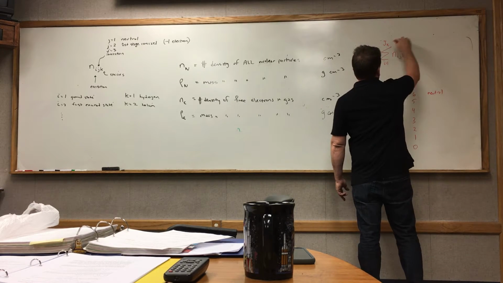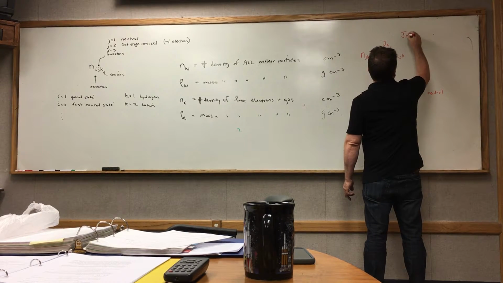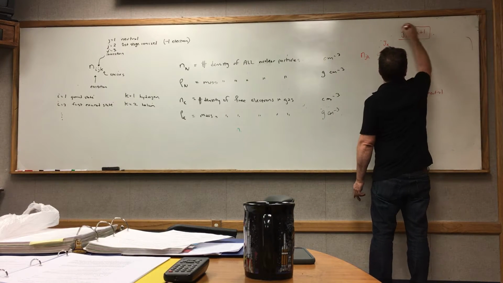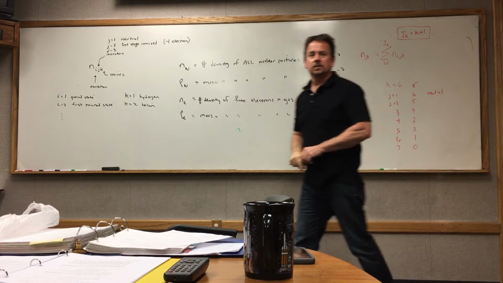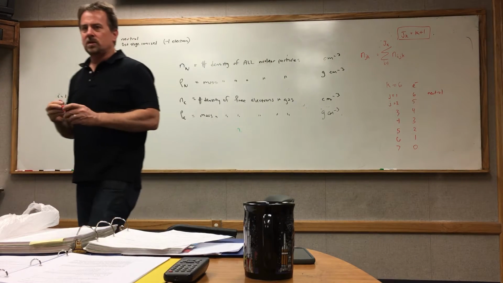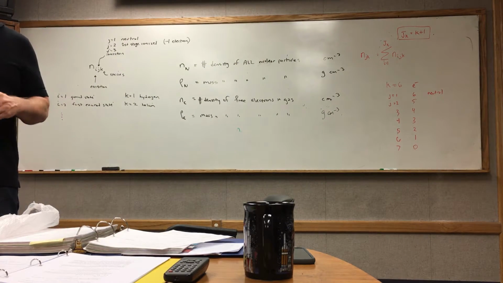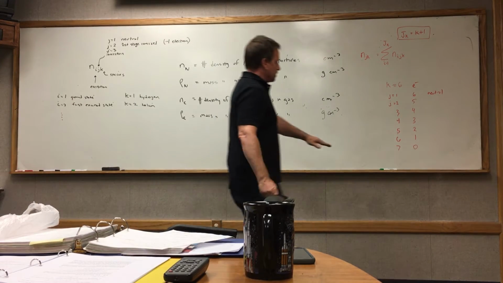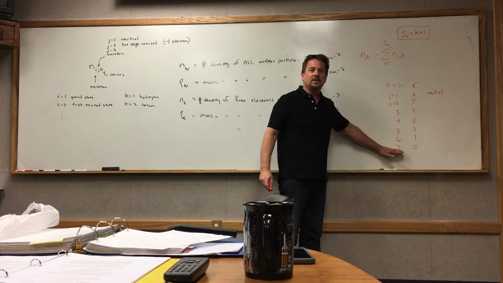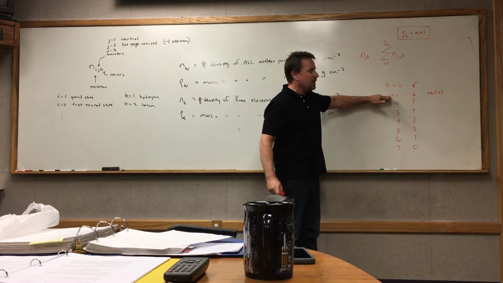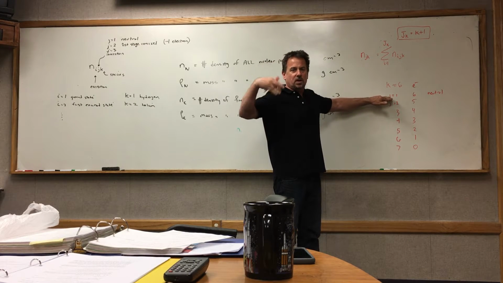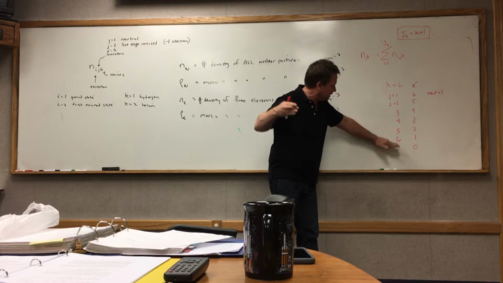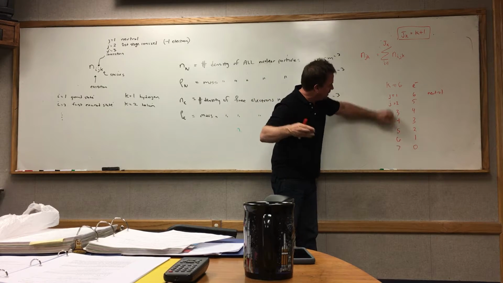So J max is equal to K plus 1. Did I make sense on that? Because this is the fully ionized bare nucleus. So 1 is neutral, has all 6 electrons. You can remove the 6 electrons.